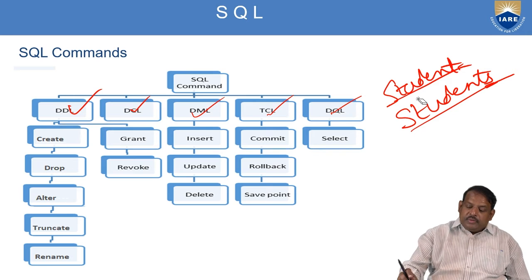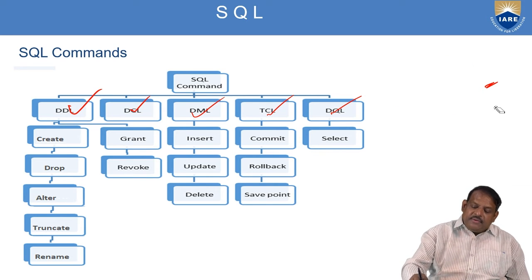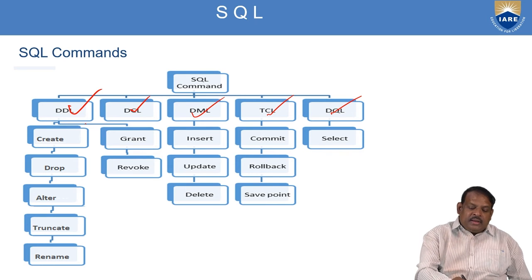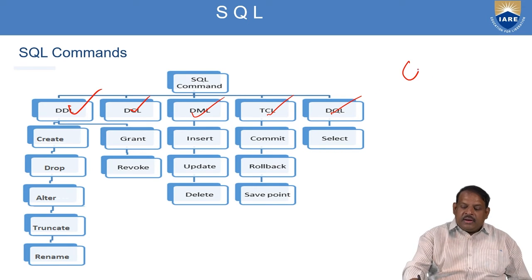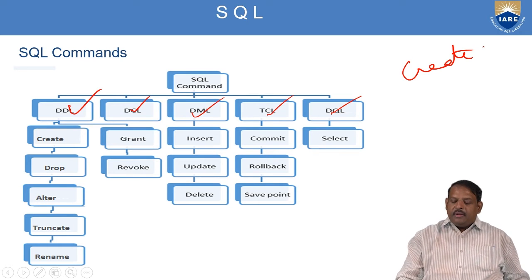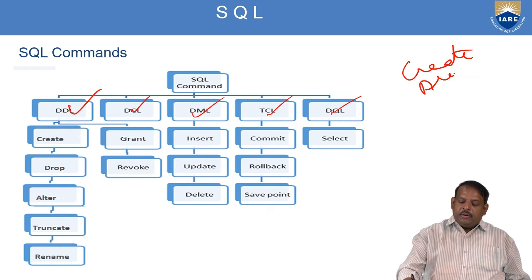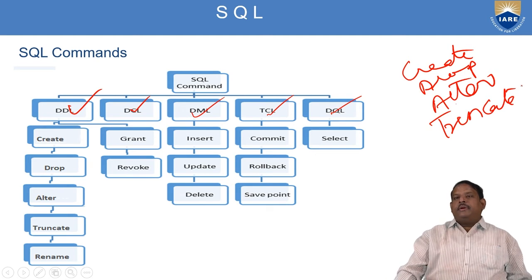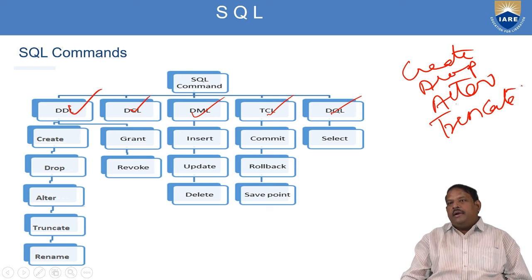So these are the 5 commands we have in the DDL. We can create an object, where object means table, database, etc. We can drop. Then we can alter. Then truncate removes all the data, which means emptying the object. I have a table with 100 records.